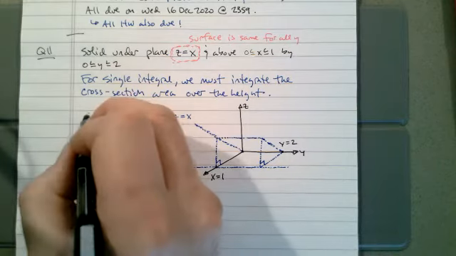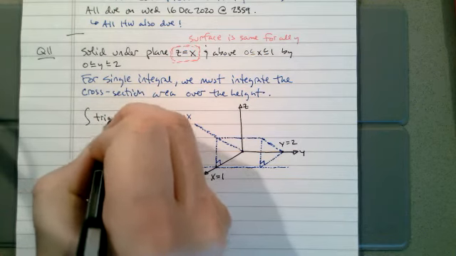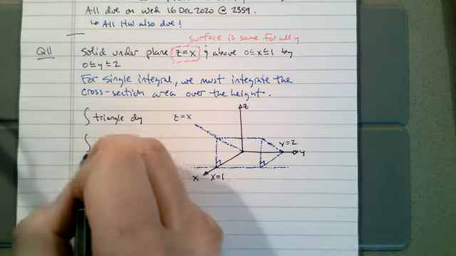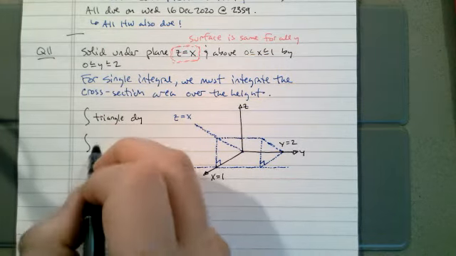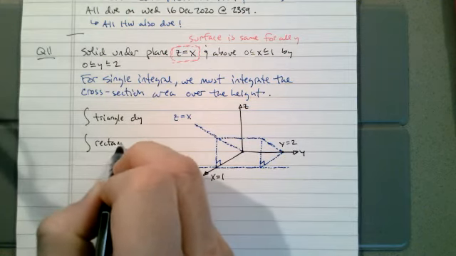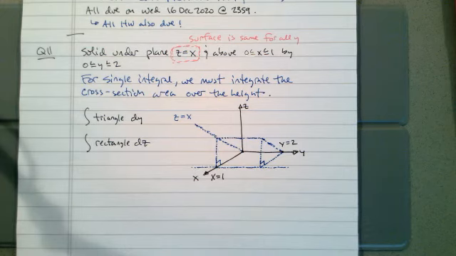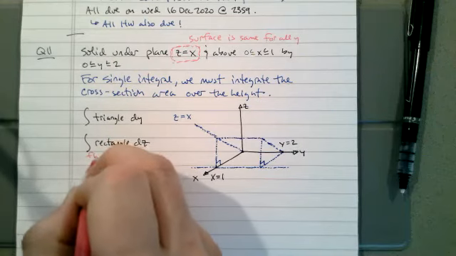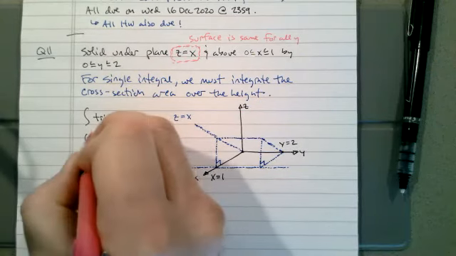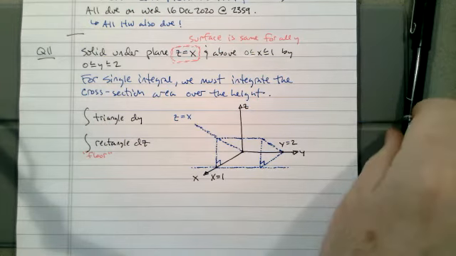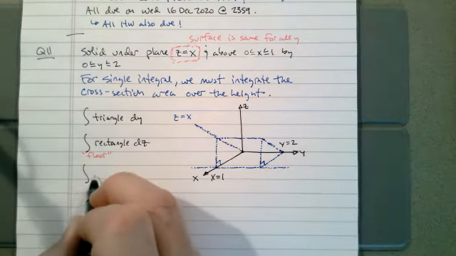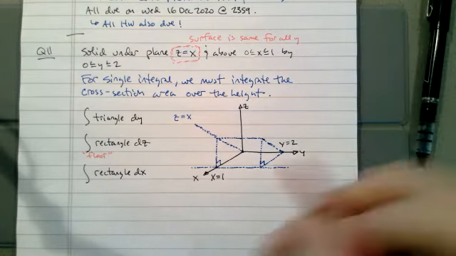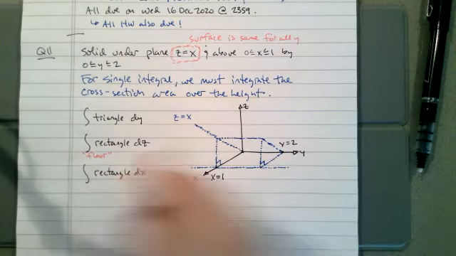So we can integrate the triangle dy. We can integrate the rectangle dz that goes from the floor and then starts up, starting off at the floor. Or we can integrate some other rectangle dx where it ends at the large rectangular wall.